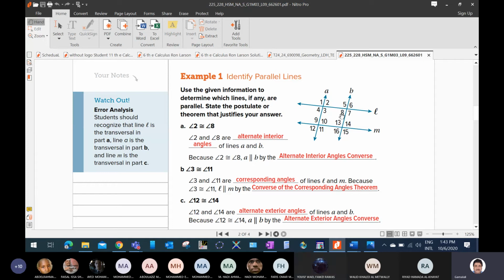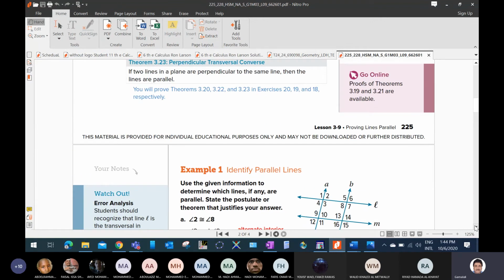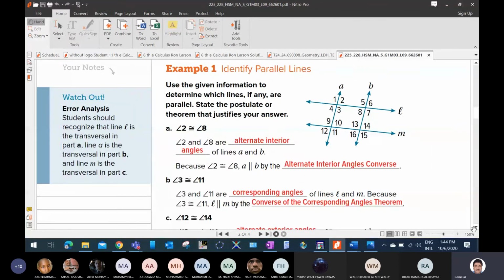They are congruent, am I correct? I gave you the page number before, 226. Are the answers written in the book or not? No, we have to write it. Copy the answer, please. And if you have any question, you can ask me.